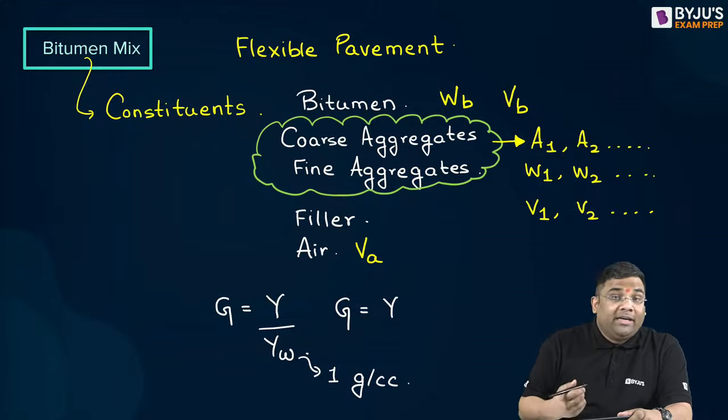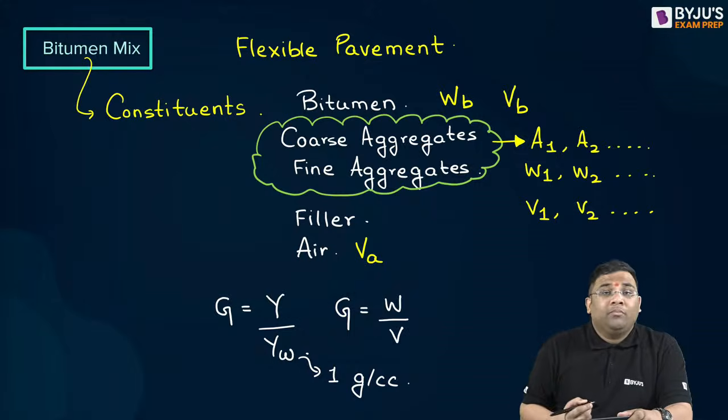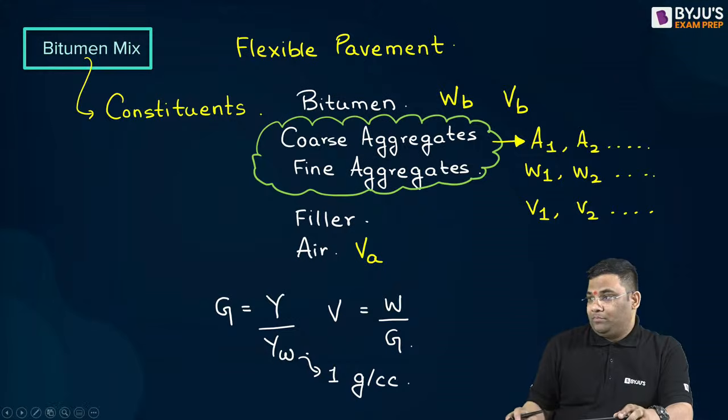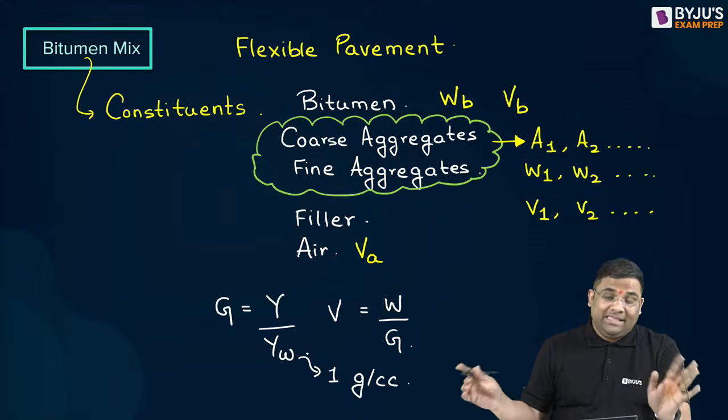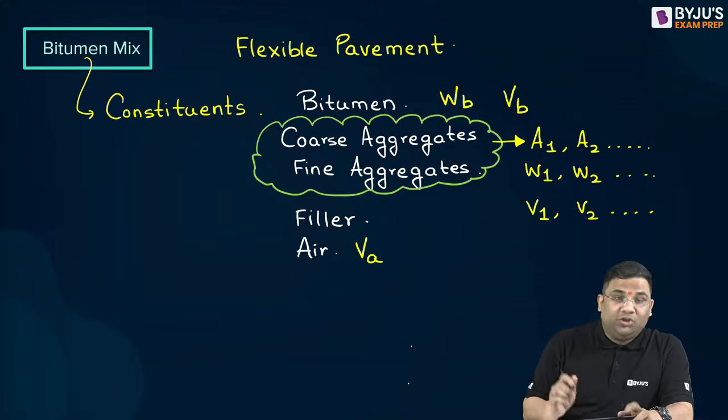The unit weight. And what is unit weight? Unit weight will be weight by volume. So from here I can say the volume will be equal to weight by G. Yes, so from here I am saying the volume will be equal to weight by G.